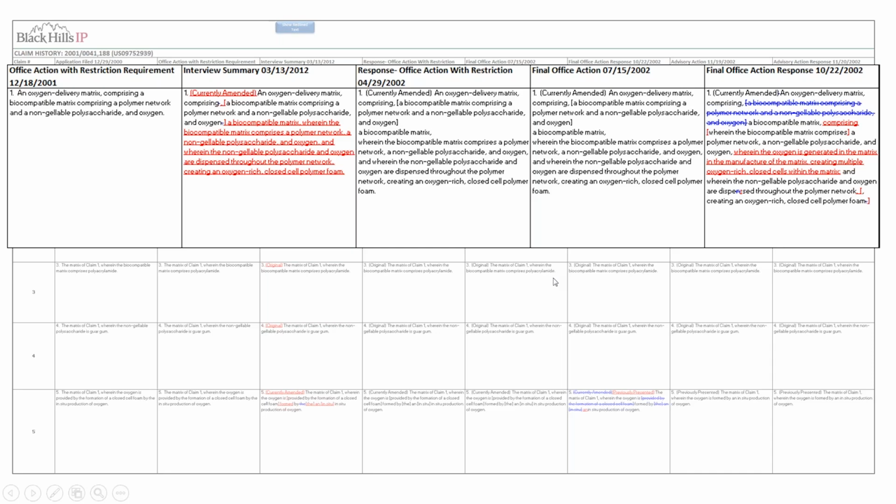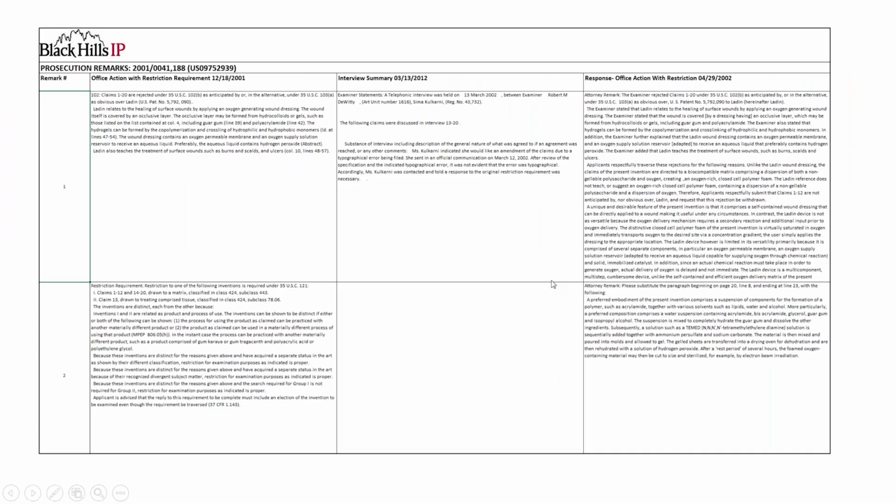All right, so let's take another look at a report that could provide some insight based on file history data. So again, same patent. We're going to take a look at the file history data from a different perspective. Instead of the claim language, we're going to take a look at the arguments that were made in response to actions that happened during prosecution along the way.